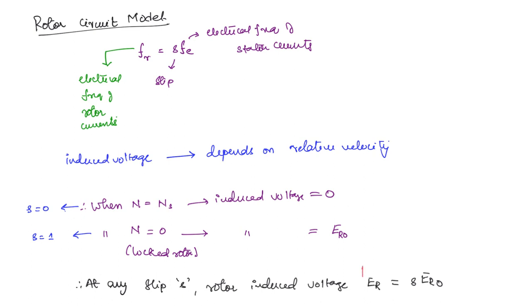So this is the important expression. When speed keeps increasing, the slip keeps falling. The highest value of S is 1, which is when you get ER naught. As slip keeps falling when the speed increases, the rotor induced voltage will keep falling.